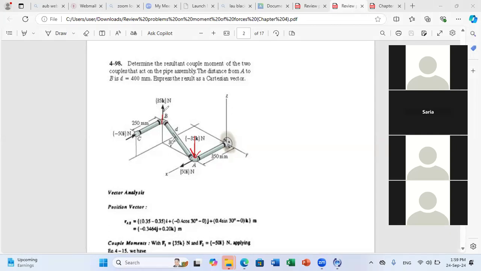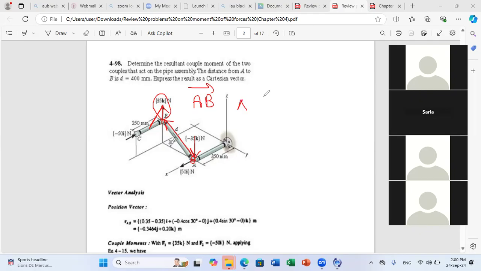What was the technique? If you start from A and go towards B, and you do AB, you will reach this force. So you do AB vectorial plus 35k.